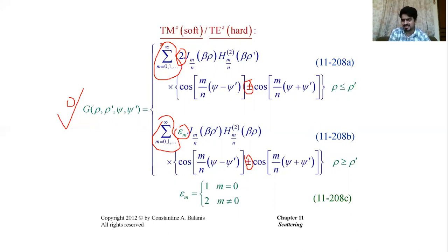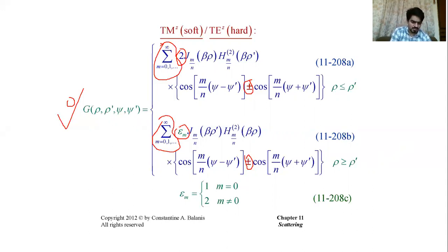As a result, it requires a lot of computational resources to compute this kind of infinite summation. To get convergence, you have to include a lot of terms in the summation, and that requires a lot of computational resources.